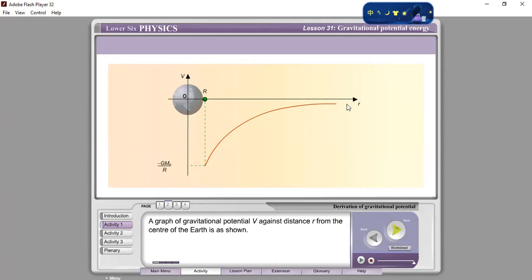This one is near to zero, but not yet zero. So when the distance reduces, the magnitude increases, but it is negative. So negative G mE over R.